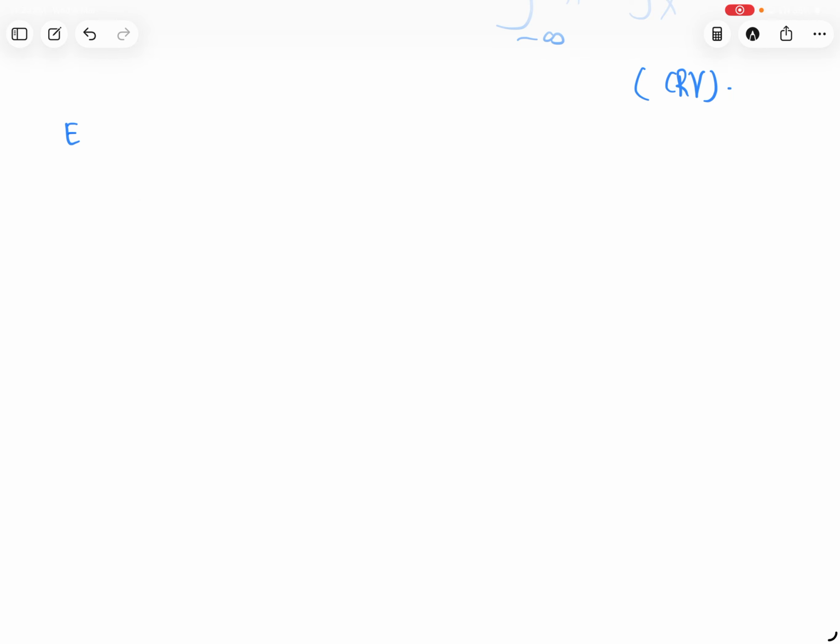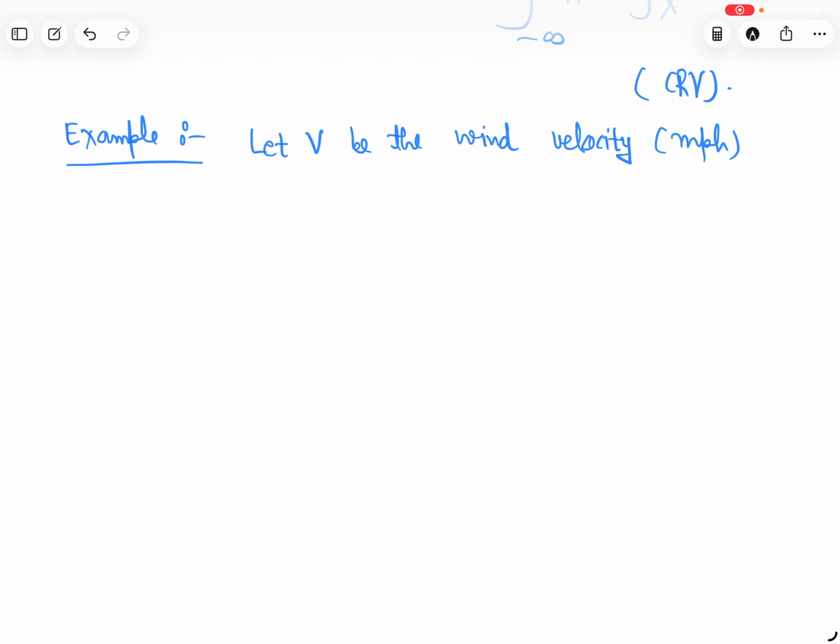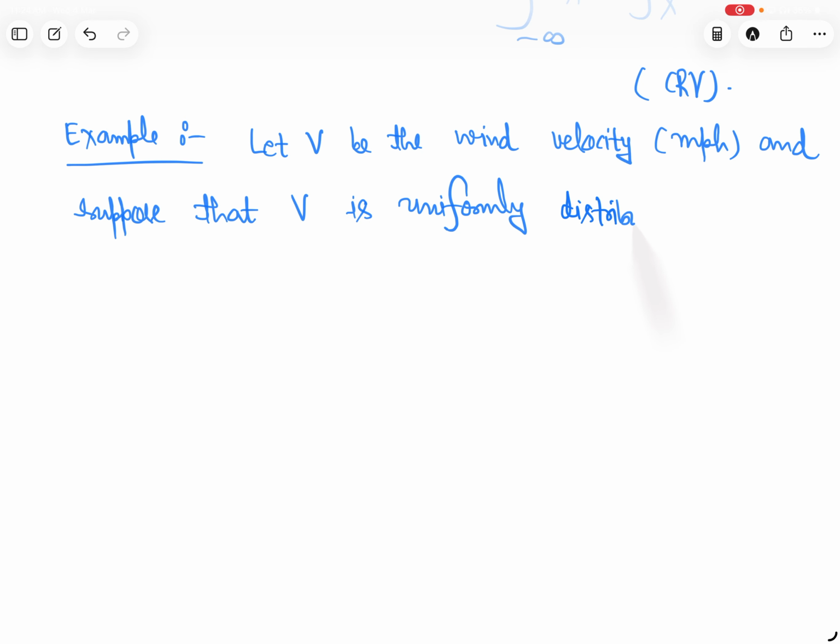So example, let V be the wind velocity in miles per hour, and suppose that V is uniformly distributed over the closed interval 0 and 10.